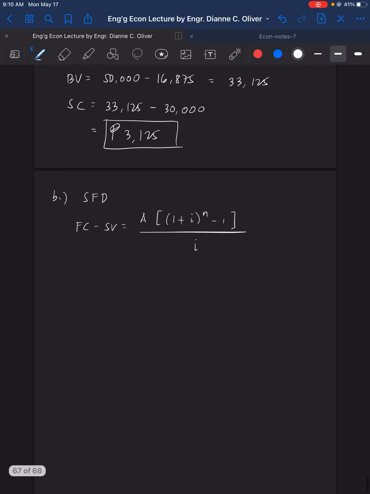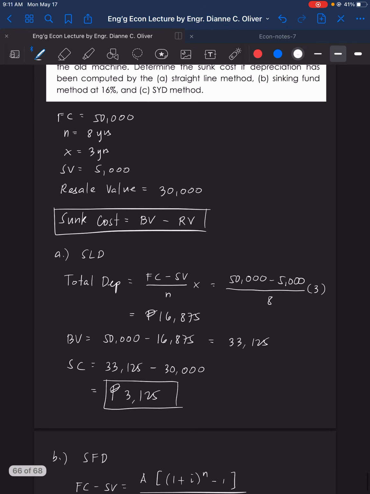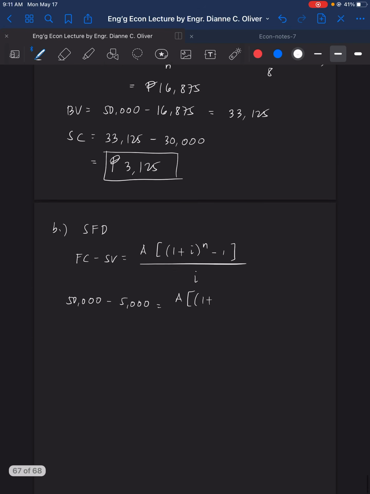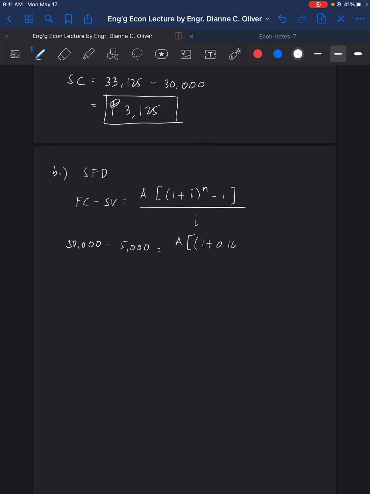So we have here first cost as 50,000 pesos minus salvage value of 5,000 equals A times 1 plus how many percent? That was 16%, so that is 0.16 raised to the 8.